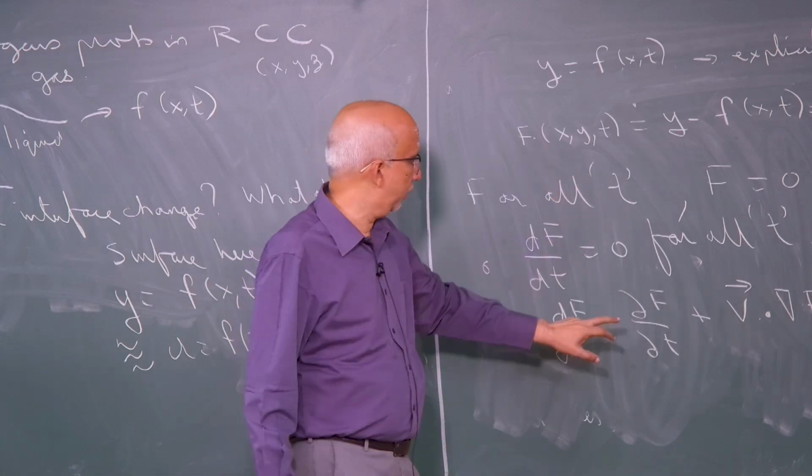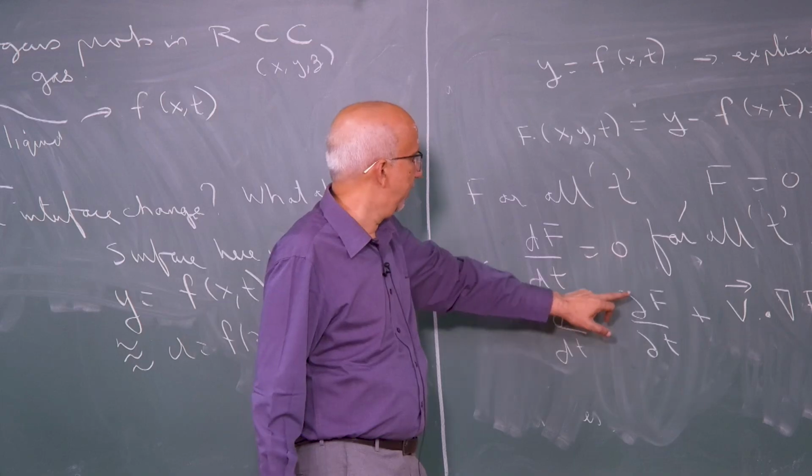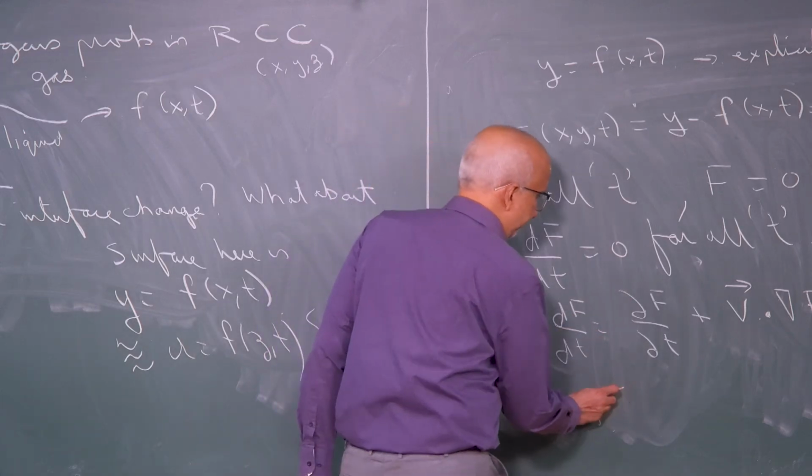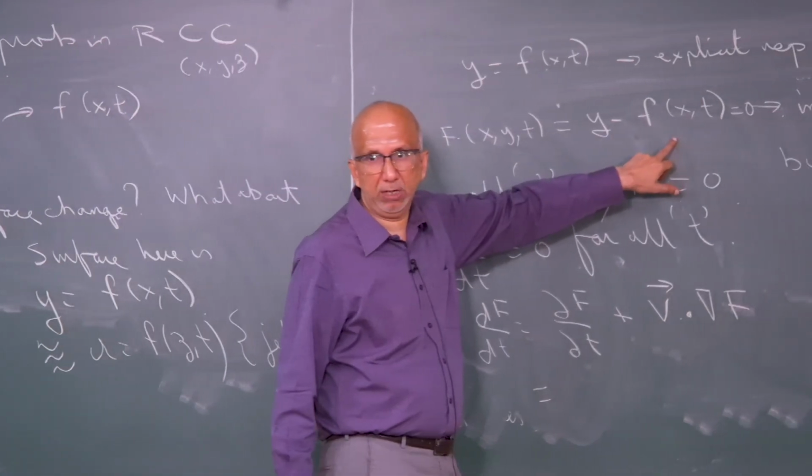Now, I can substitute for F here, what do I get? What is capital dF by dt? This is independent of time, only small f is dependent on time.